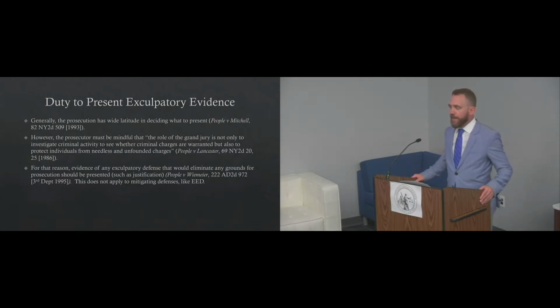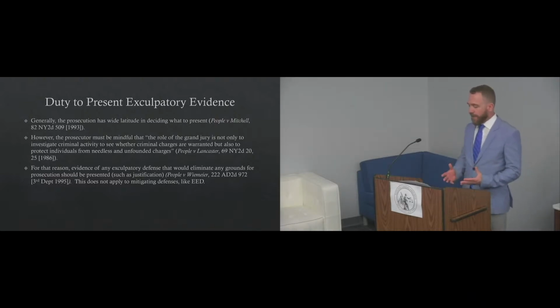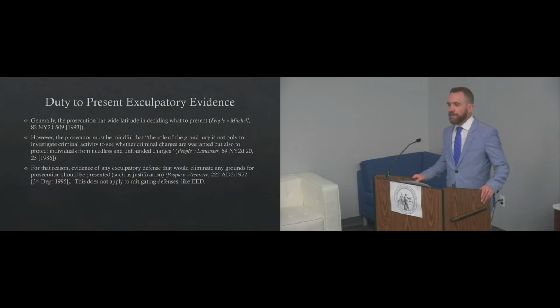It would merely mitigate the offense, the degree of offense that he would be guilty of. So that's how some courts have taken it, that they do have to present exculpatory evidence when it would eliminate any prosecution whatsoever. But when it's only mitigating, whether it's degree or mitigating punishment, they don't have to do it.